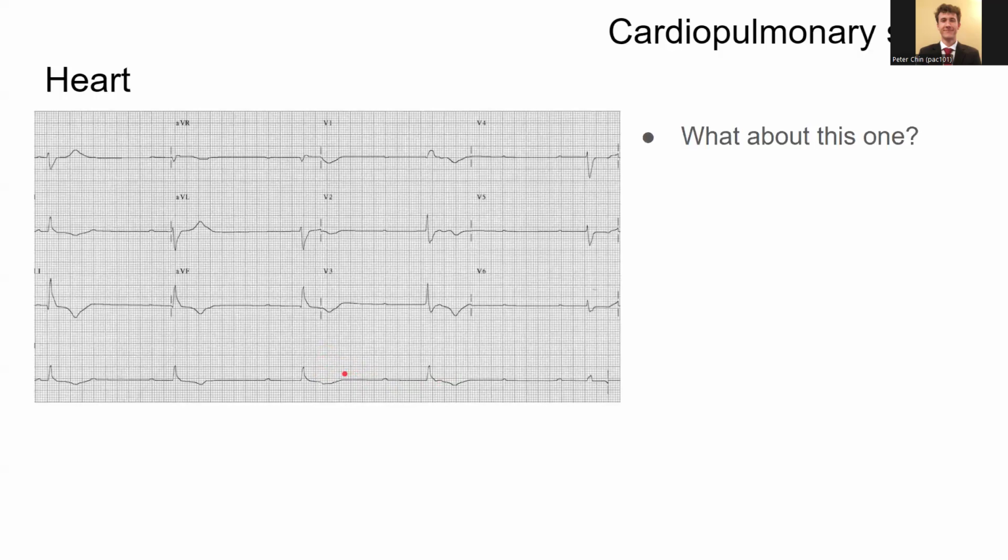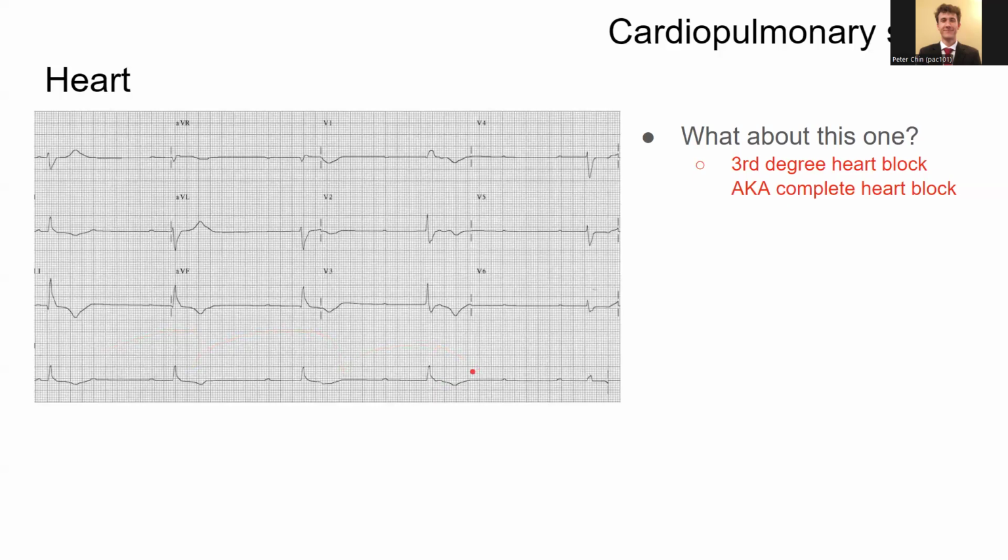Anyway, on this EKG, this is third degree heart block, or it could also be called complete heart block. So if you look at the rhythm strip, the hallmark feature of complete heart block is there's a regular atrial rate and what looks like a regular ventricular rate, but they are desynchronized from each other.